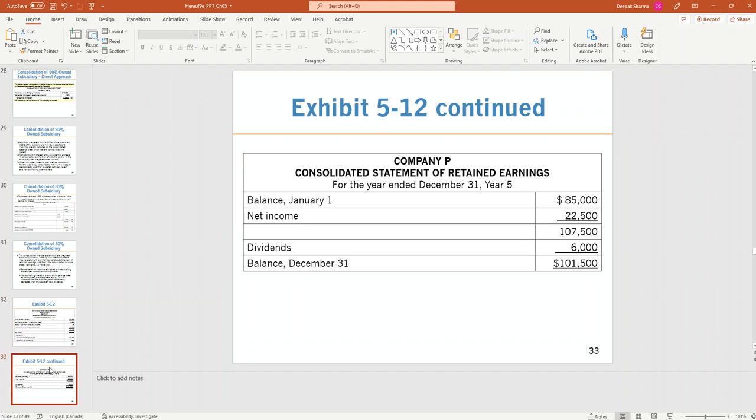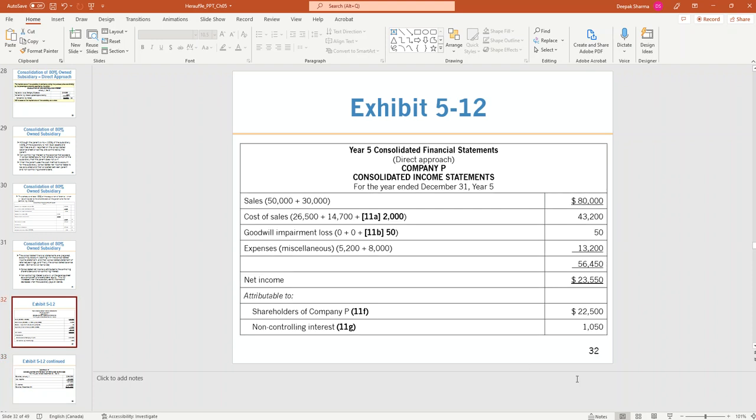Then when it comes to retained earnings, we look at the opening plus the net income and subtract any dividend that was paid out. If you notice, this was the income, but the only amount allocated to company P is 22,500.